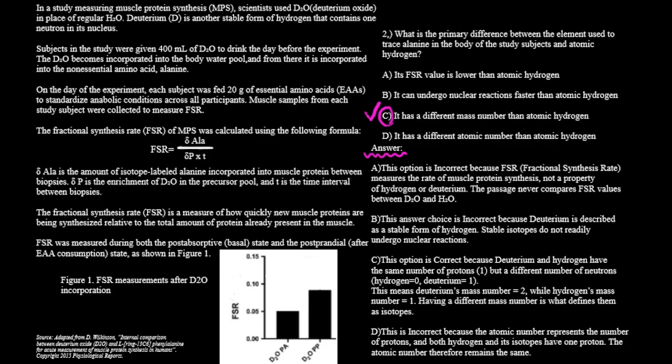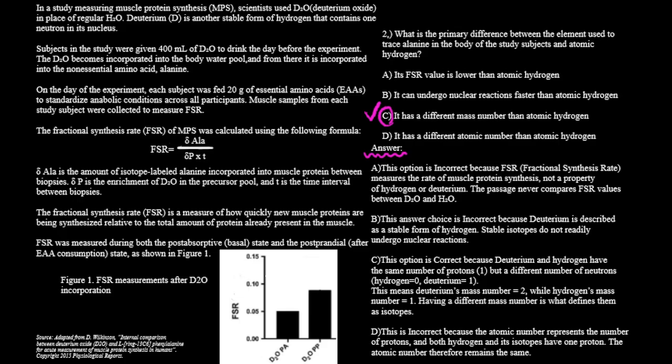Although the question stem does not explicitly mention deuterium, the element used in the study to trace alanine in the subjects' bodies is in fact deuterium, which was administered by having participants drink D2O, deuterium oxide, instead of regular water. If we break this question down further, it is asking about the characteristics of isotopes.